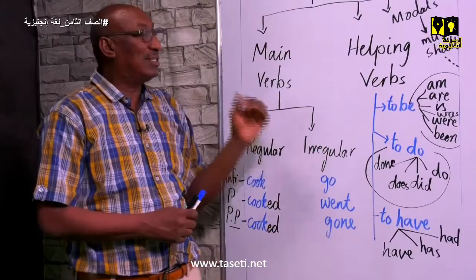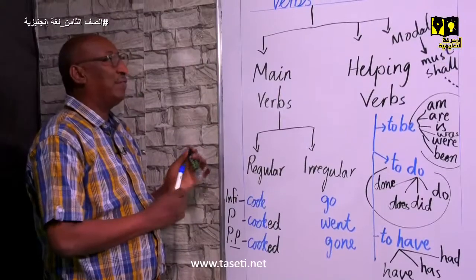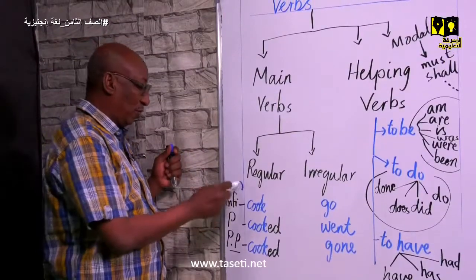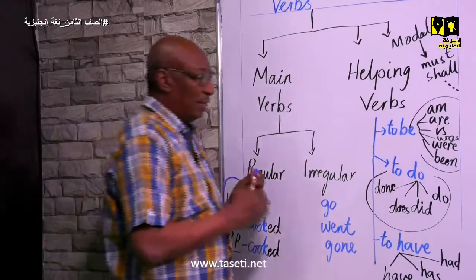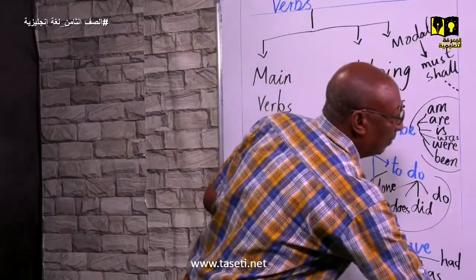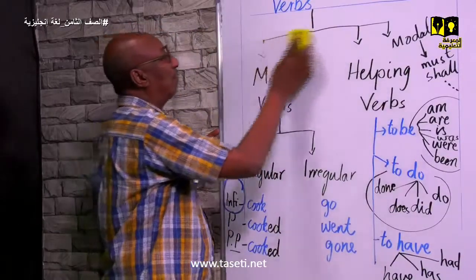But our concern for today is only about the infinitive with to. We have the infinitive here. Okay, we can have some more examples on the infinitive with to.